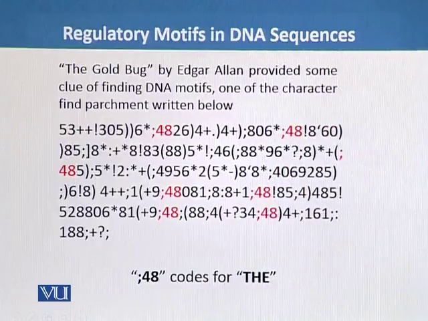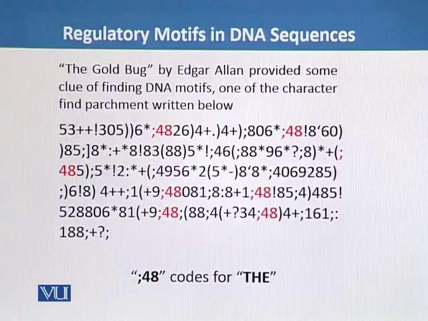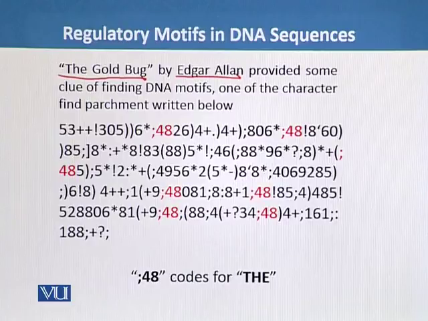To find out more about regulatory motifs, and how we can decode the information of specific sequences that are repeated time and again in the genome of any organism, we should know about the Gold Bug theory, which is written by Edgar Allan Poe, and it provides some clue to find DNA motifs in the genome of organisms.